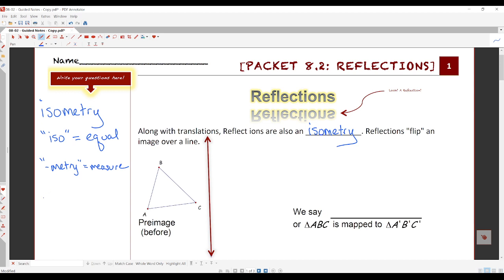So an isometry would be two objects that have equal measures, that are congruent. That have equal measures.